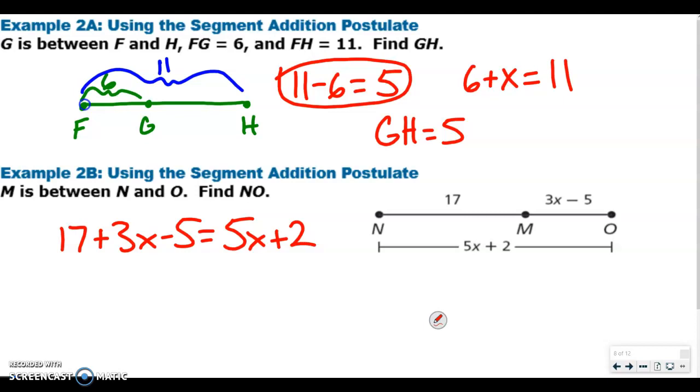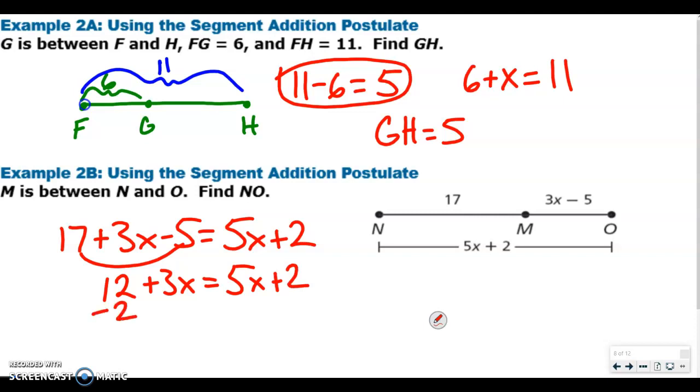So combining our like terms, 17 minus 5 gives us 12. Then combine our x's and our 12 and 2.